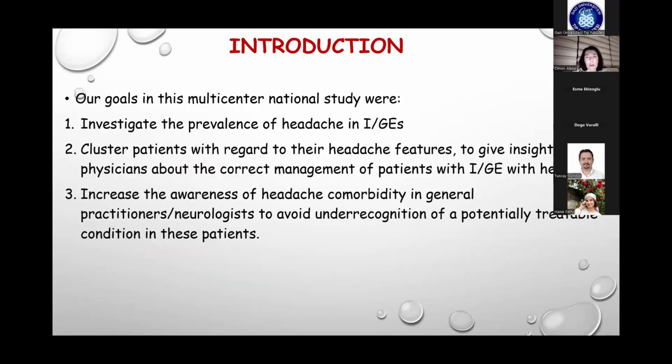In this multicenter study, our goals were to investigate the prevalence of headache in idiopathic genetic epilepsies and to cluster patients with regard to their headache features, to give insight to physicians about the correct management of patients with idiopathic genetic epilepsies with headache, and increase the awareness of headache comorbidity in general practitioners and neurologists to avoid under-recognition of a potentially treatable condition in these patients.